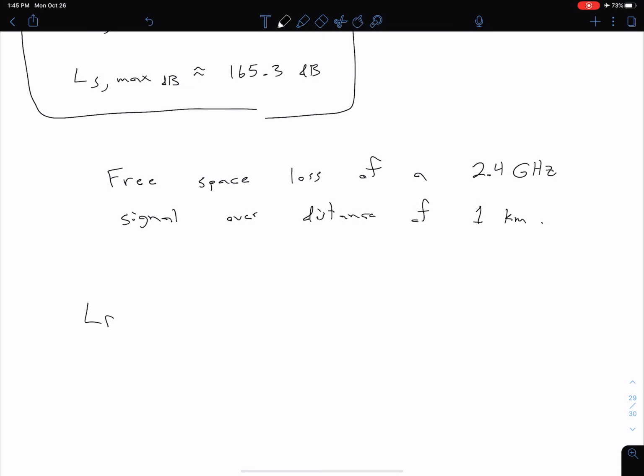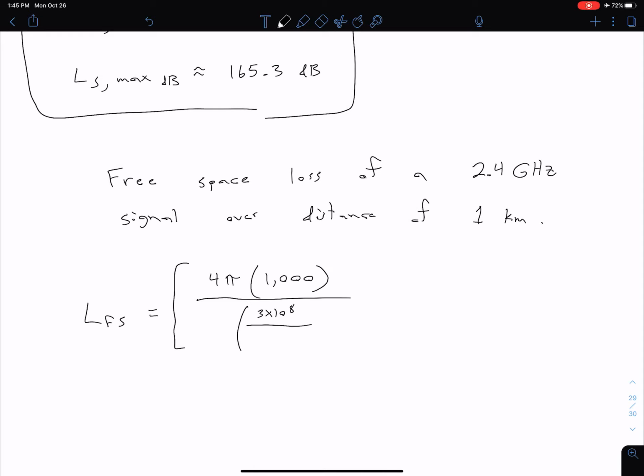So if we go back to that simple equation we had earlier for our space loss in free space, we said that's equal to, in the numerator we have 4 pi times our distance in meters, so 1,000, divided by, and now in the denominator we have, if it's free space, our signal is traveling at the speed of light, so we have 3 times 10 to the 8th meters per second, and then our frequency, which is 2.4 times 10 to the 9th per second, square all of that, and what we get is approximately 1.01 times 10 to the 10th.